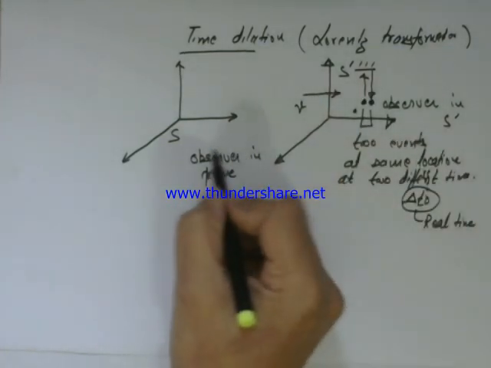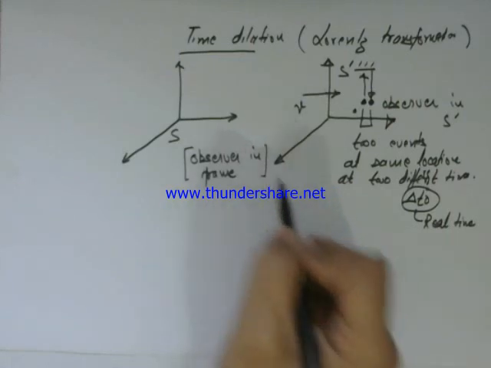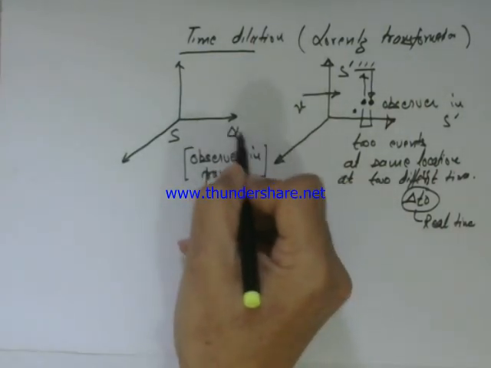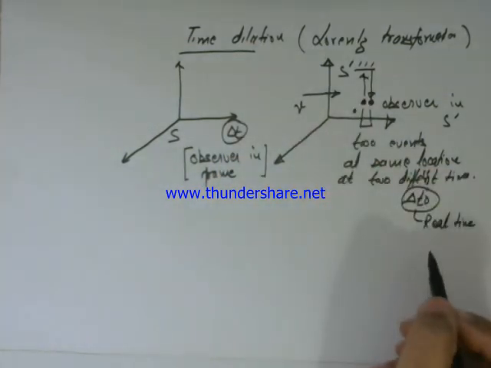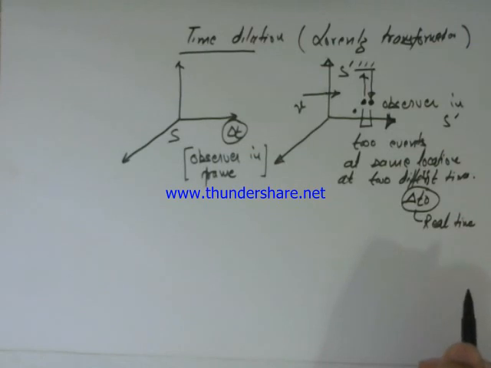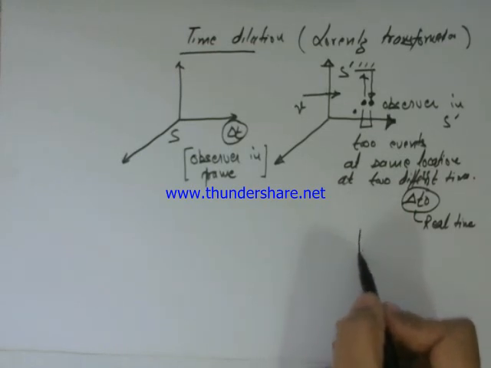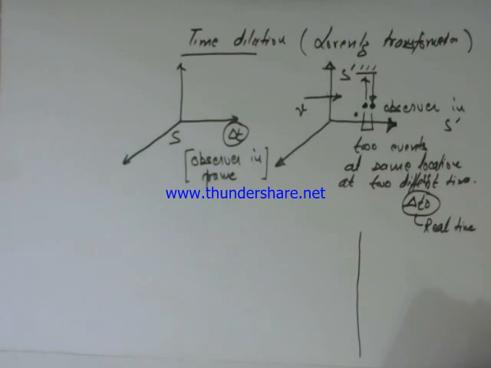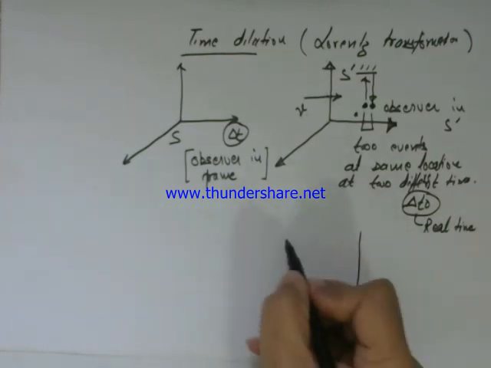Now, for an observer who is in the stationary frame, what time does he measure for these two events which are taking place in the reference frame S dash, which is moving? To find that, we have to recall the relationships between the x, y, z and time coordinates for the two reference frames.